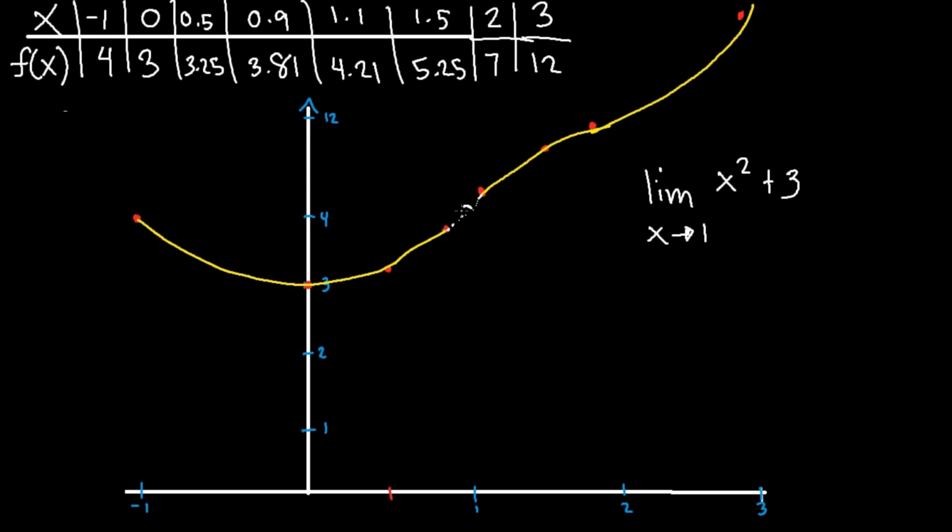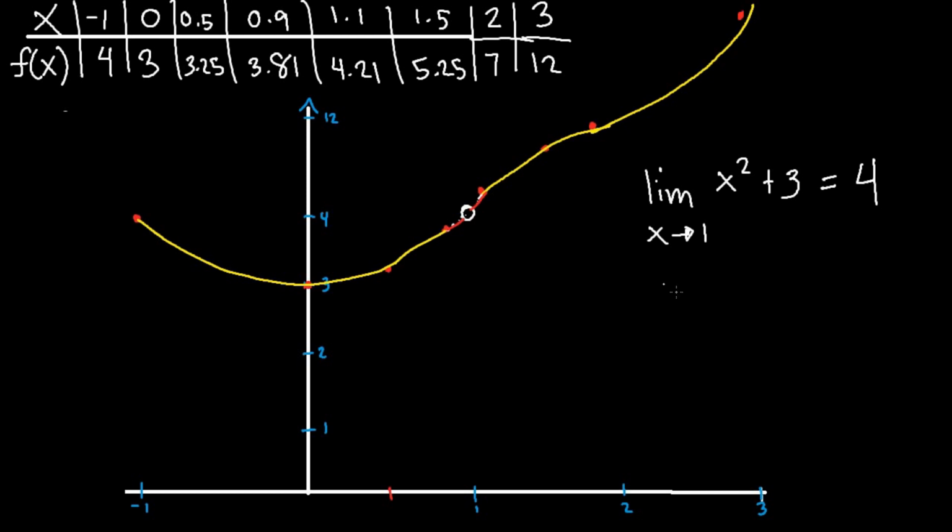So nakay unshaded nga circle dire to indicate the limit. So pag i-continue na nato, so mao na imong final na graph. Tapos ang limit ani is sa 1, ang value sa y is 4. So the limit of x squared plus 3 as x approaches to 1 is 4.